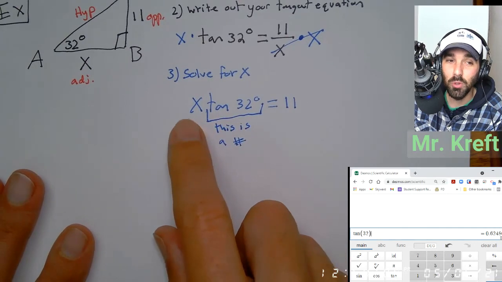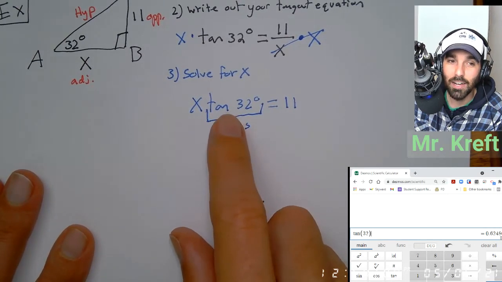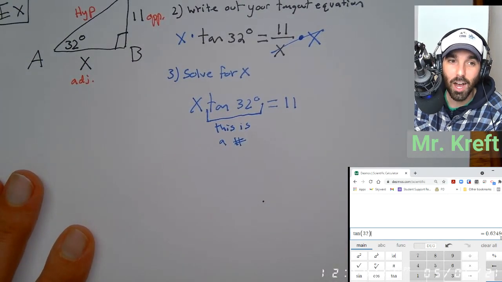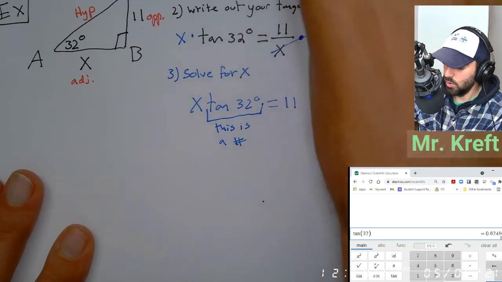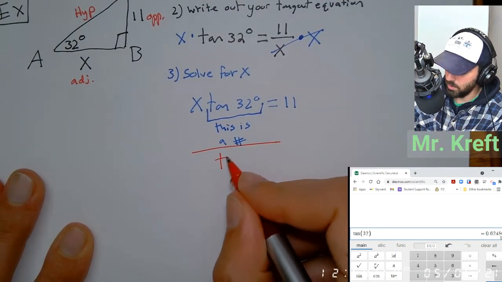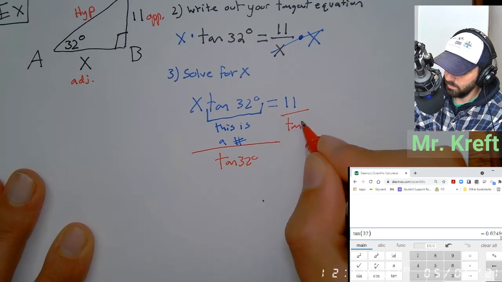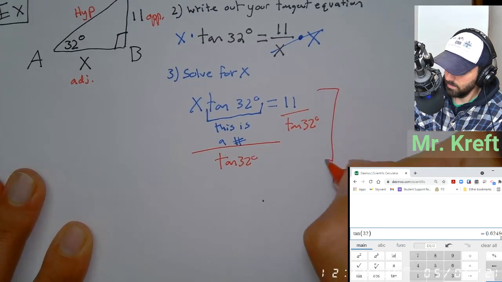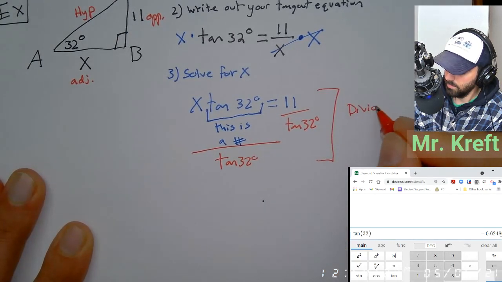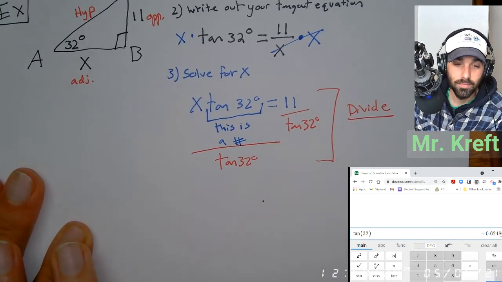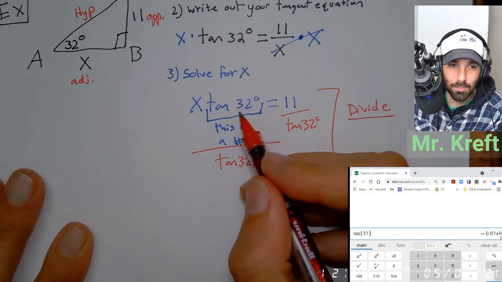So I'm going to propose this. If you have x times a number, how do we get rid of that number? What's the opposite of multiply? Divide. So we would divide both sides by tangent of 32. People get all worked up.